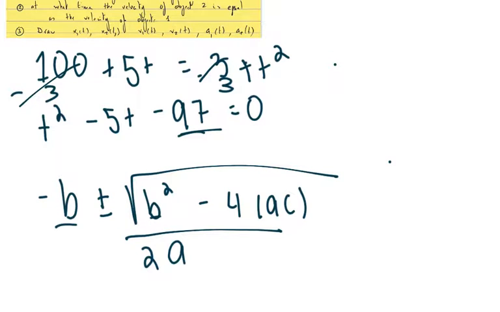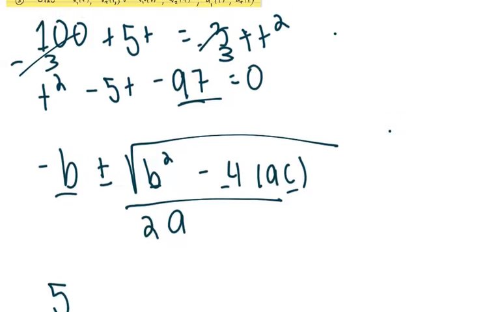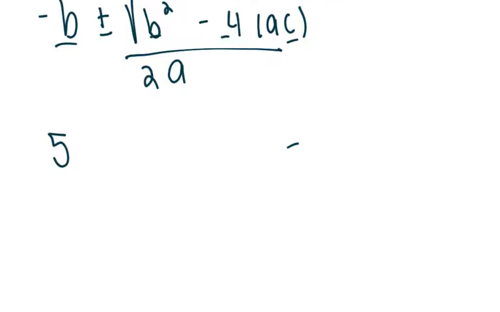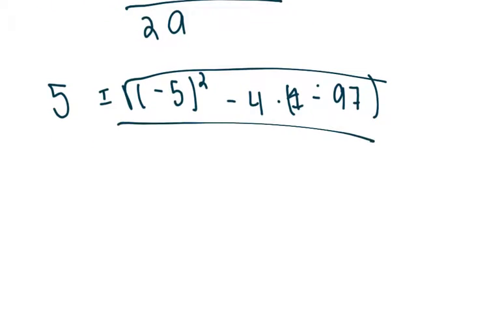So using this formula, we would get 5, because that is our b, plus or minus the square root of (negative 5) squared minus 4 times 1 times negative 97, then over 2 times 1.